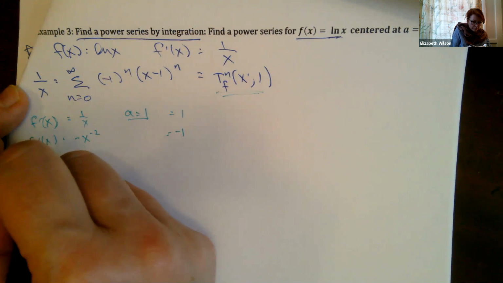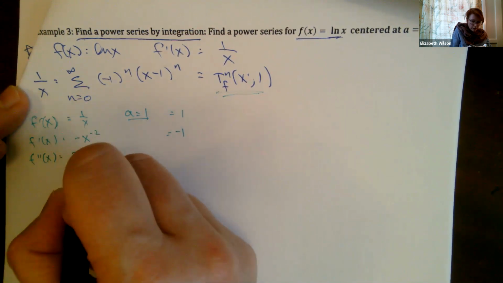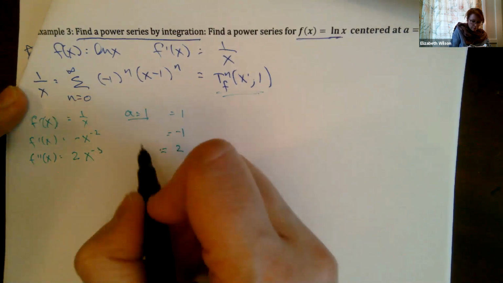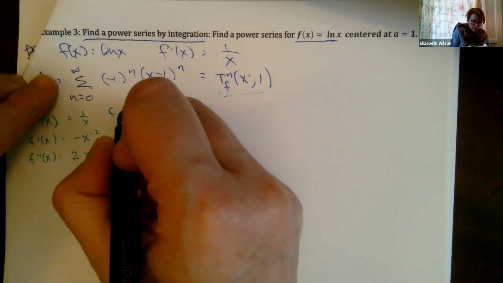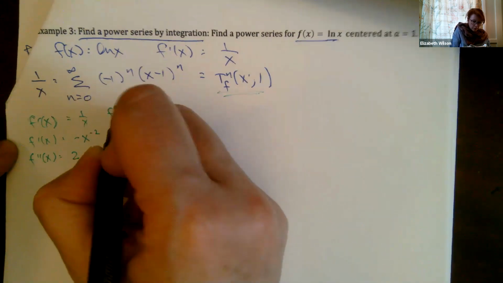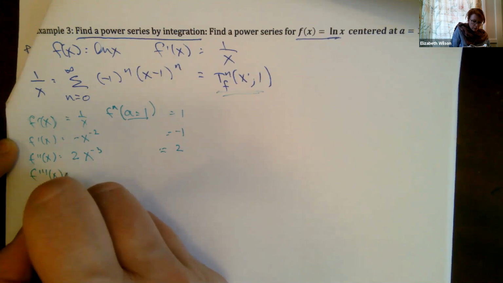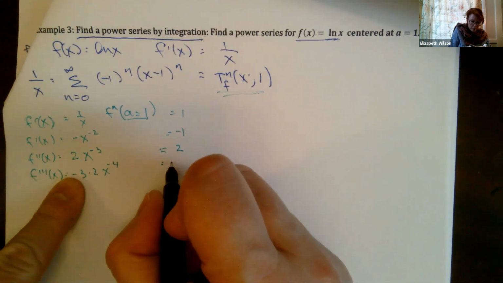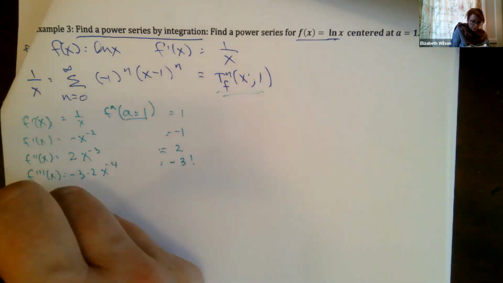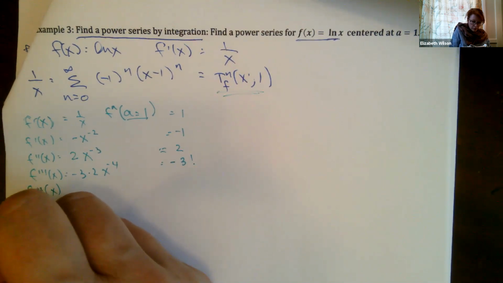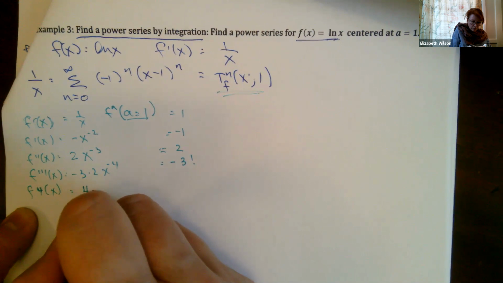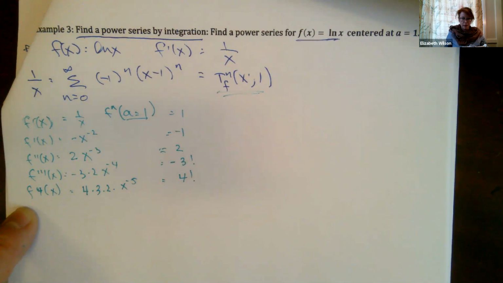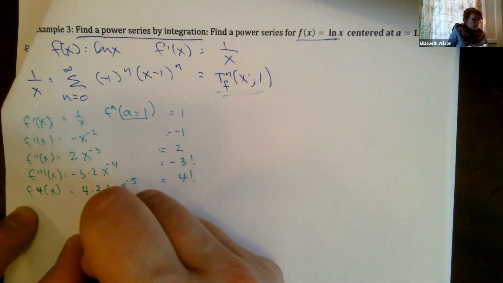My second derivative is going to equal positive 2, x to the minus 3, and evaluating that here, this is equal to positive 2. Then the third derivative, I'm going to get minus 3 times 2, x to the minus 4. This is going to become minus 3 factorial. The fourth is equal to positive 4 times 3 times 2, x to the minus 5. This is equal to positive 4 factorial. So on and so forth. We can come up with the rest of it.